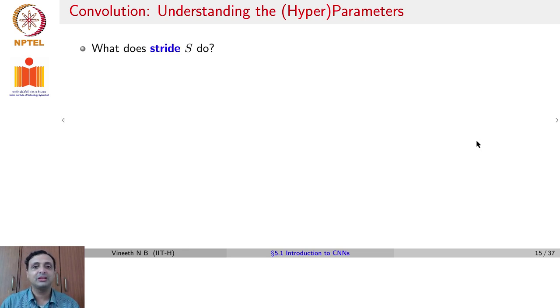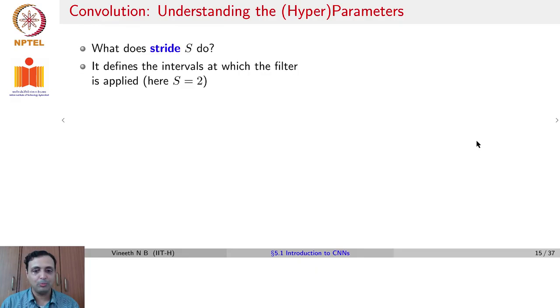And that's where we bring in the concept of a stride. When we convolve a filter over an input, we can also define the interval at which the filter is applied. When you move the filter from one location on the input to the next location, you can decide whether you would take it to the immediate next pixel or whether you want to jump 2 steps and go to 2 pixels later.